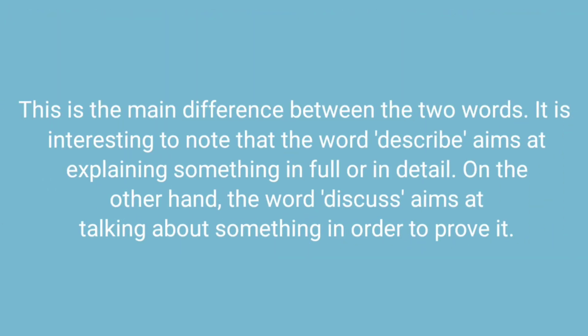This is the main difference between the words. It is interesting to note that the word describe aims at explaining something in full or in detail. On the other hand, the word discuss aims at talking about something in order to prove it.